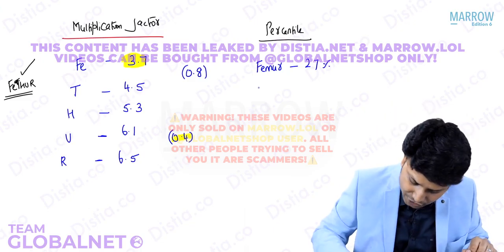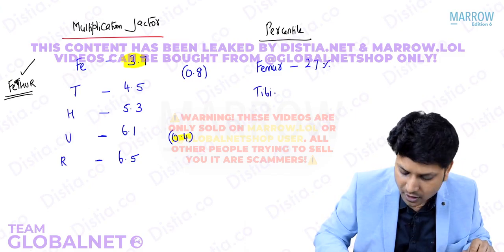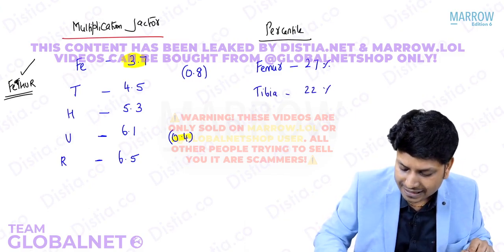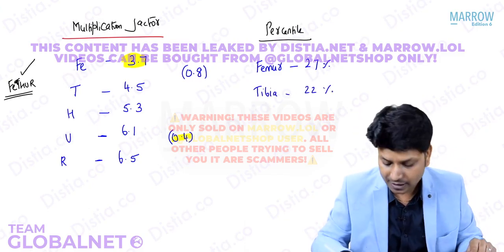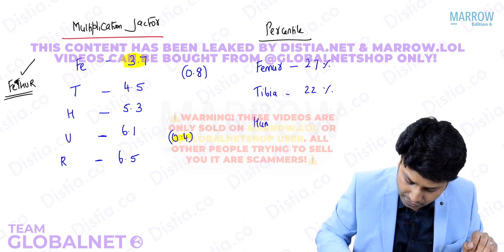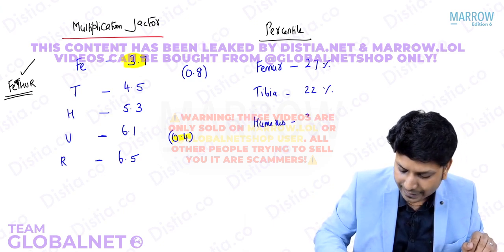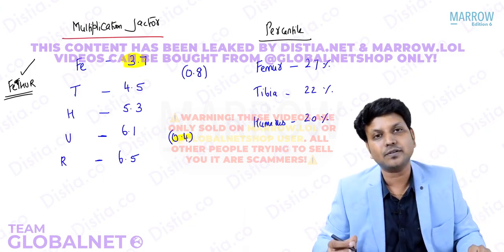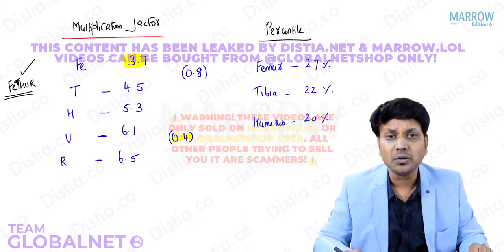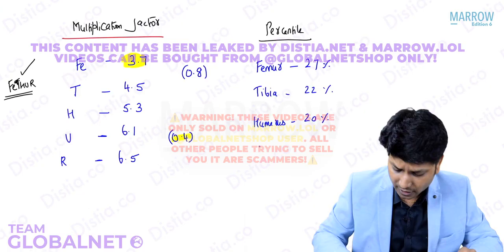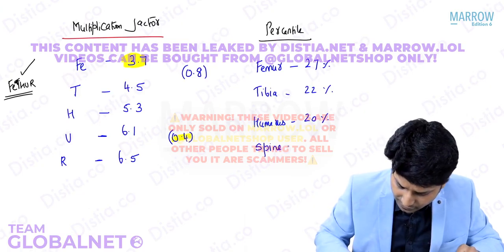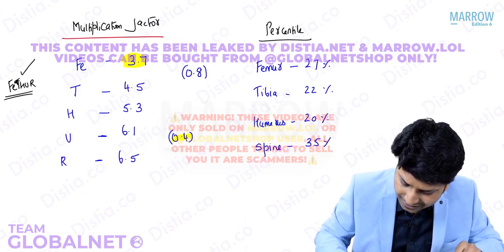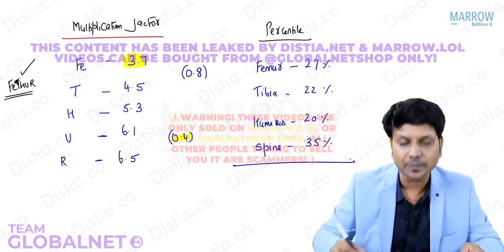Then we have tibia. Tibia contributes 22% of the entire stature of the person, and humerus length contributes around 20% of the entire stature of the person. And if you know the entire length of the spine, that will contribute 35% of the height of the person.